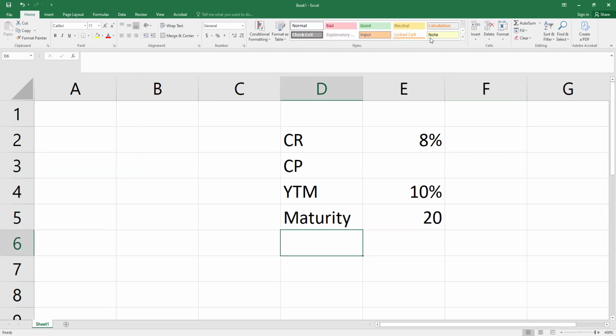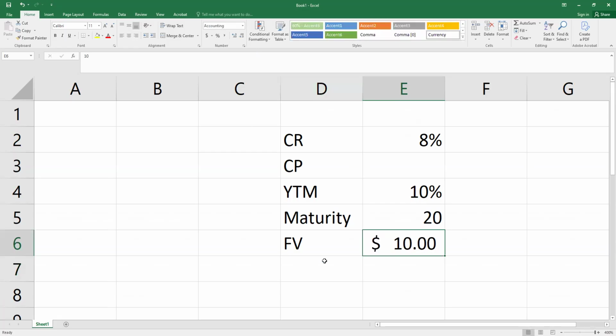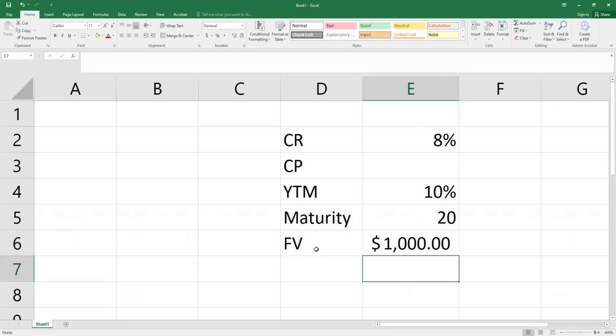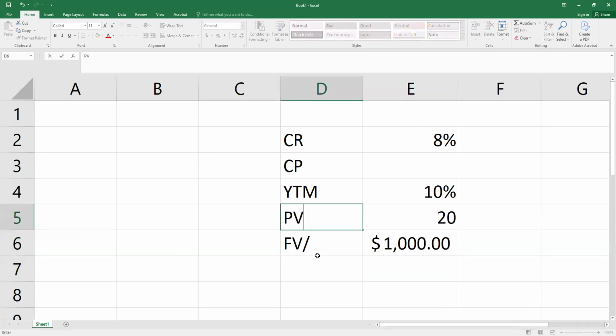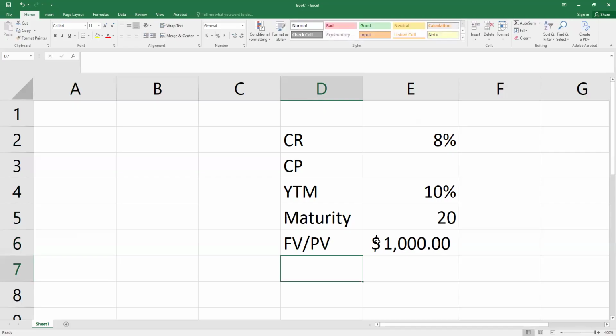And face value, we know that it's always given as 1,000. Face value or par value, okay, guys, it's the same thing. And you need to estimate the bond value.